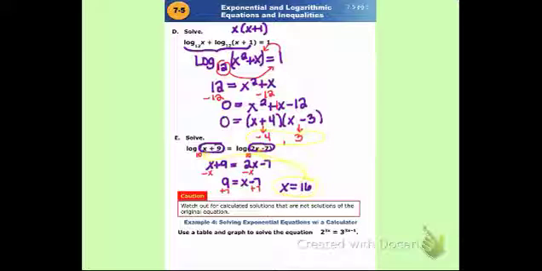Now, one thing you want to be a little bit cautious of when you're solving logarithmic equations, and I thought twice about that when we were doing example D, because notice I got a negative answer in example D. I got -4. If you have a positive base and you're raising it to a power, there's no way you could ever get a negative answer.